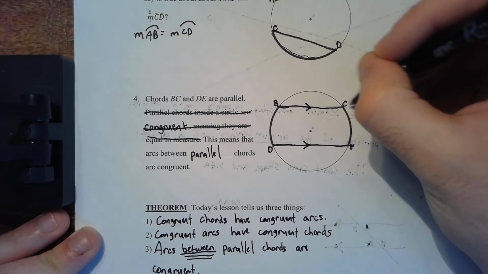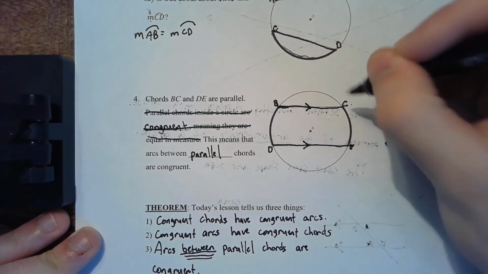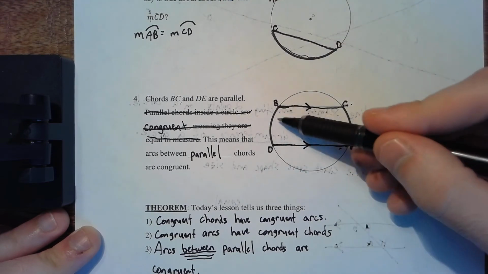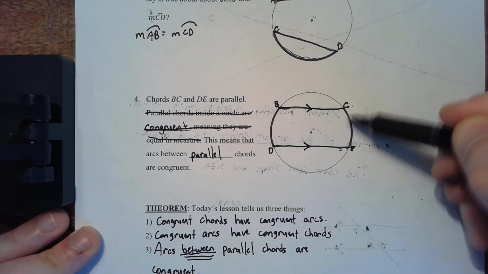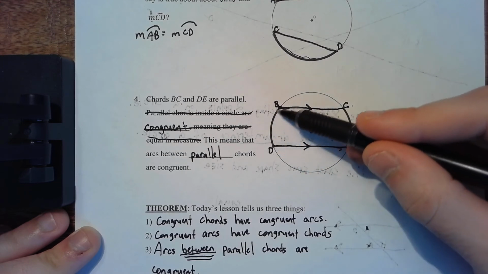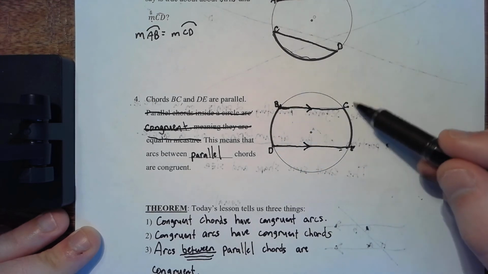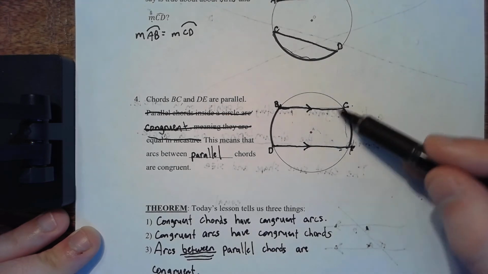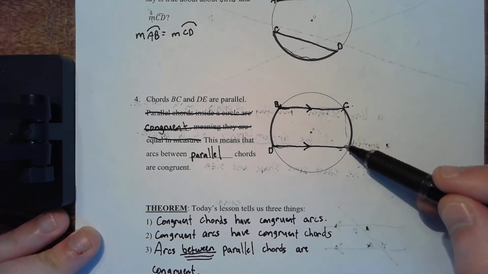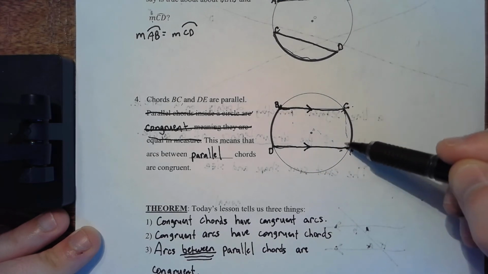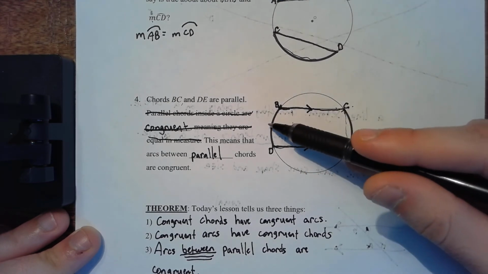So we've got chord BC, and here we've got chord DE. So here is the space in between them. So arc DB is going to equal arc CE. Because again, these are two parallel chords. The arcs in between parallel chords are equal.